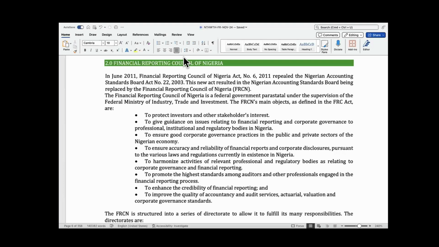He was the originating MD, and the guy is extremely sound. He was removed during the Buhari era when he was trying to perform some of his roles. He was trying to comply with some of the things I will mention very soon. And the vice president was a member.